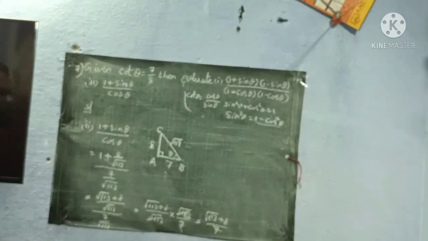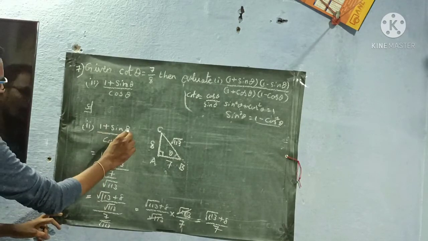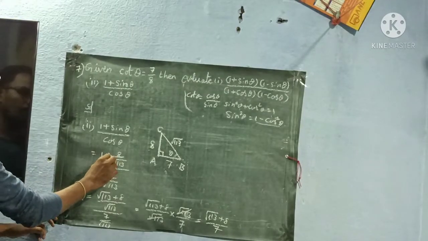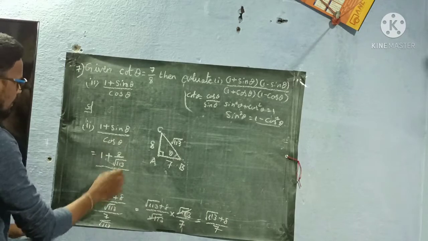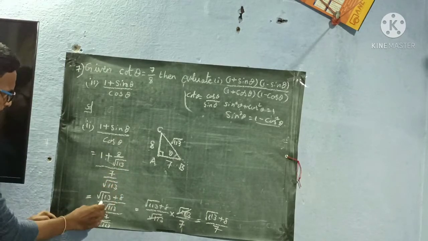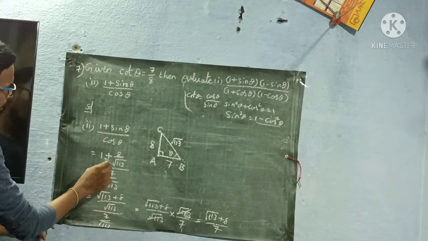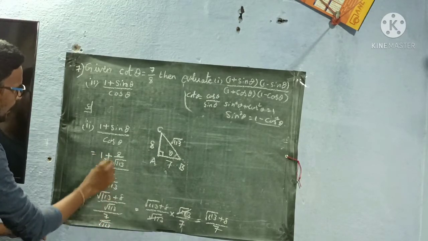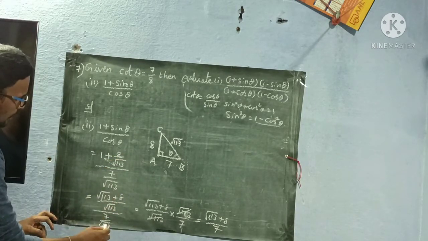I hope everybody understood the second bit now. So let me explain once again. (1 + sin θ) by cos θ is equal to 1 plus, sin θ value is 8 by root 113, by cos θ value is 7 by root 113. If we take the LCM here, root 113 will be in the denominator and multiplies 1 here, 1 into root 113 becomes root 113, plus 8 by root 113 whole divided by 7 by root 113 as it is.